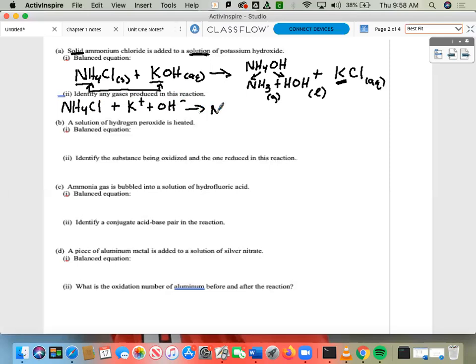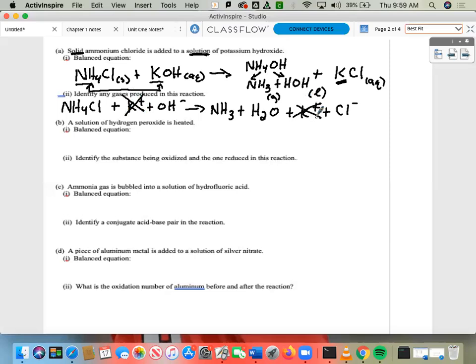Ammonia is obviously a gas, so that stays. Water can stay. The K breaks down with the Cl. Again, if it's soluble, it breaks down to its component parts. Any spectators there? Things that show up exactly the same on both sides? Potassiums.